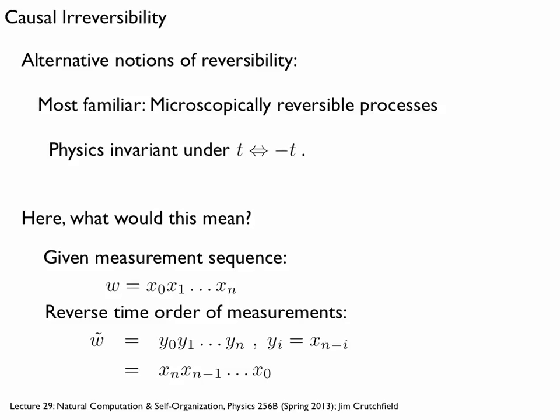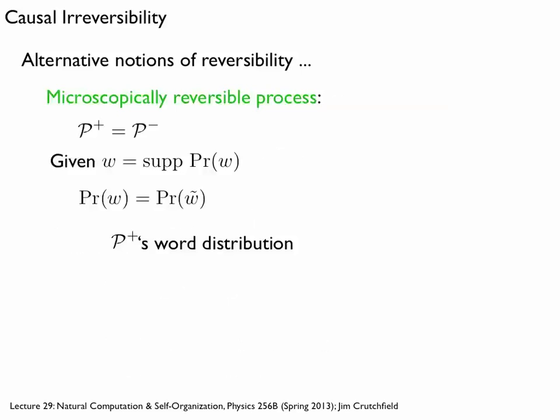Okay, so we can define a microscopically reversible process as when the forward and reverse processes are the same. So what does that mean? It means, right, a process is defined in terms of what words occur and their probability, so both of those things are equal. If we start with, say, the forward process, and we've got some word that occurs in forward time, then when we reverse it, that should occur in the reverse process, but its probability should also be the same under the forward distribution.